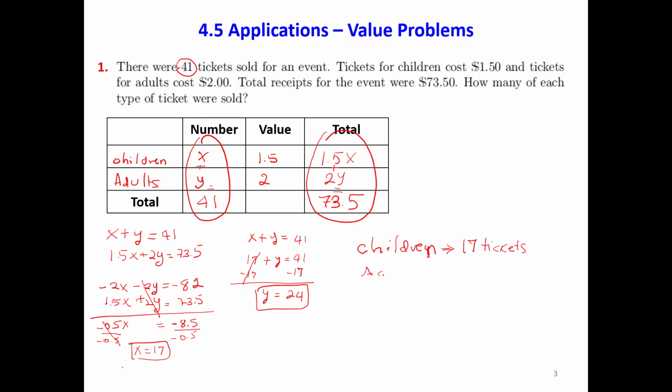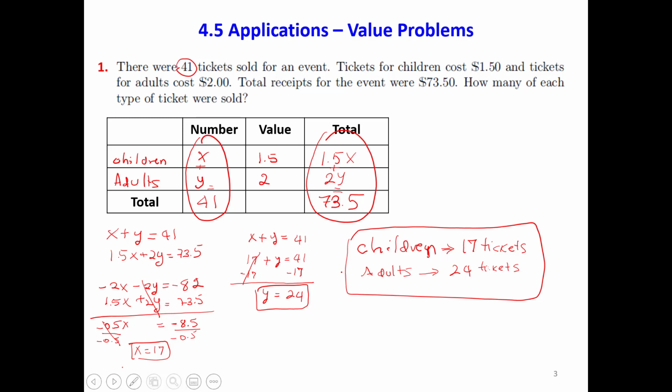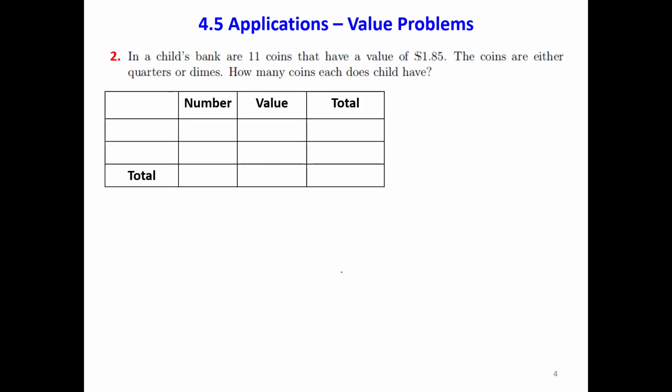For adults, y was 24 tickets. And this is the answer. And let's try the next problem. We will try to do the same thing.